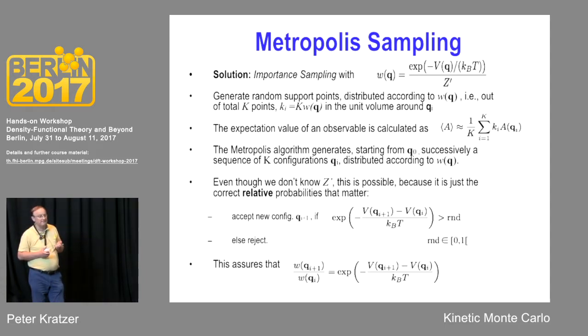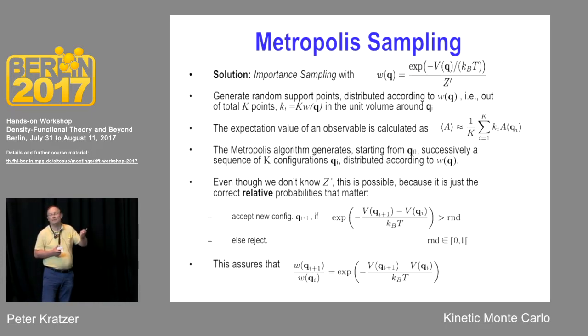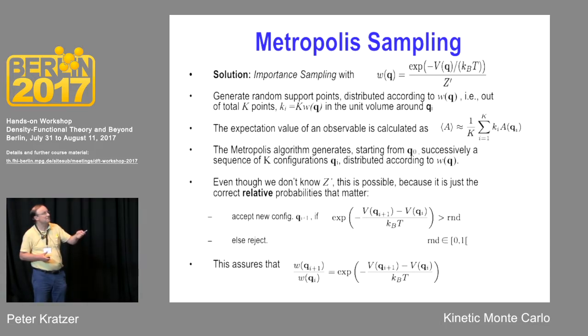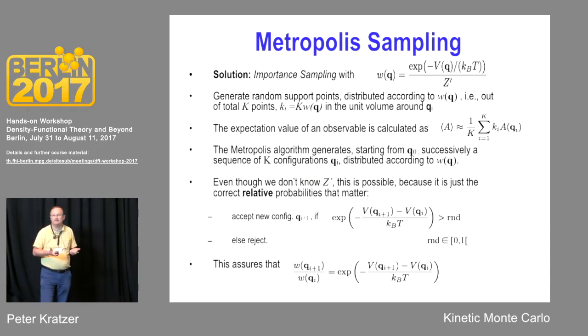Well, there is this Z prime, but actually we don't need to know Z prime. It's sufficient to know that the ratio of two W's is simply given by the ratio of the Boltzmann factors, and this is the difference of the two potentials. And this relation actually gives you all you need to generate sampling points.